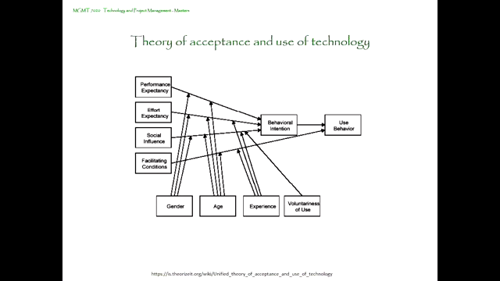So the outside factors, things like gender, age and experience, they affect people's intention to take on a new technology, to accept a new technology. And if you can measure all of those effects and those variables, then you should be able to predict intention and behaviour. That's what the theory says, that these are causal predictions.